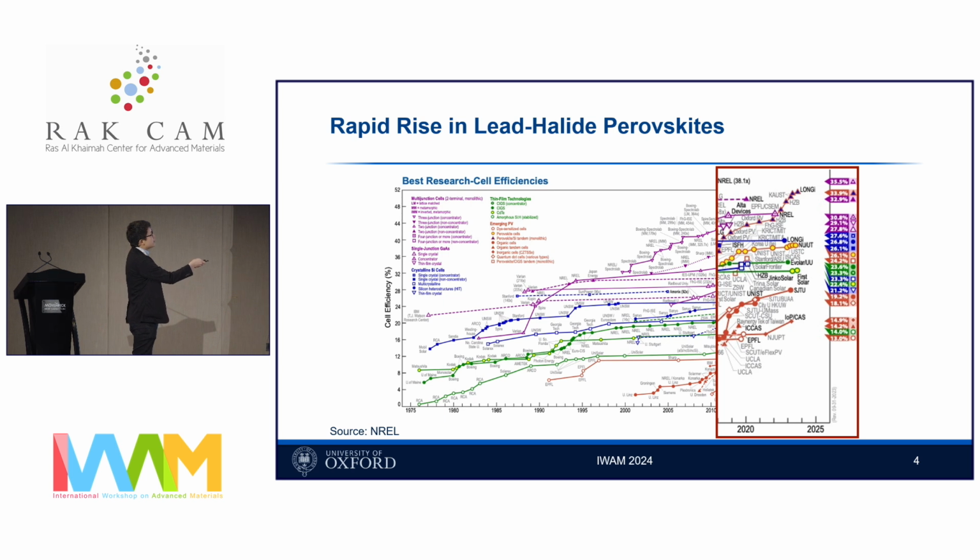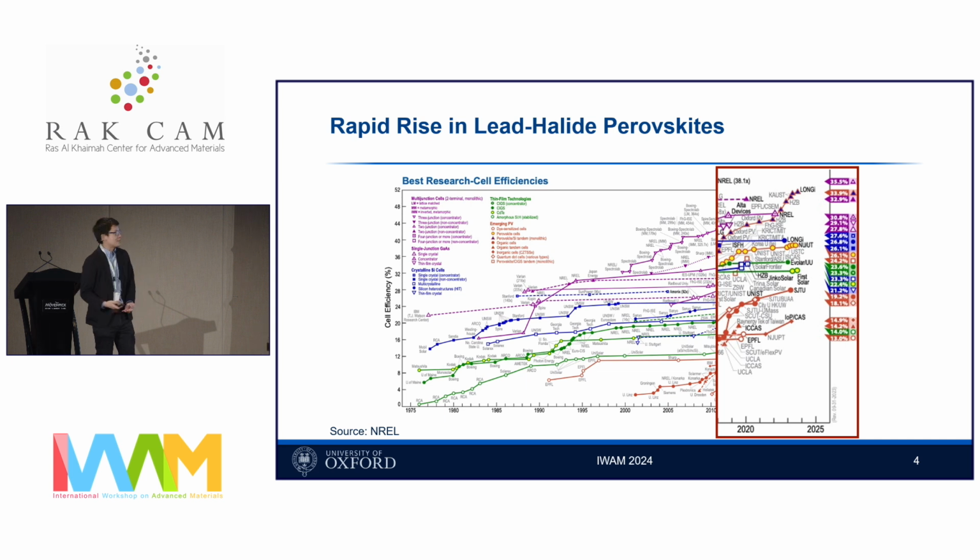You can see the current record efficiency is held by a Chinese company called Longji, which now has 33.9% certified efficiency. And this is not only greater than the best efficiency for a single-junction silicon-based device, it's also the most efficient two-terminal tandem out of any material under non-concentrated solar illumination.